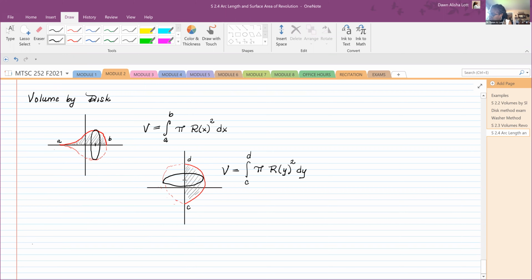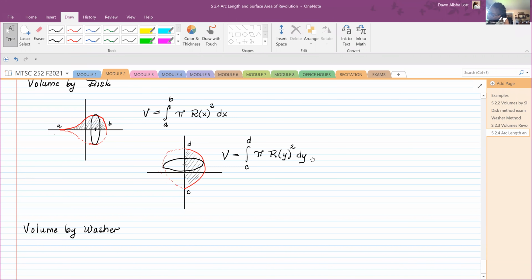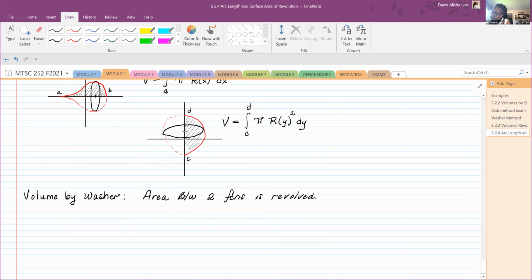Then we did volume by washer. And with volume by washer, we have two functions. So we have the area between two functions that is revolved, and you will see a washer.